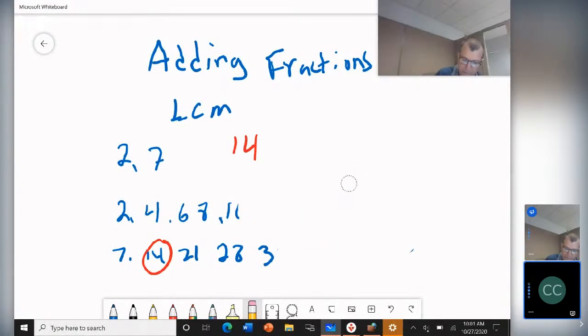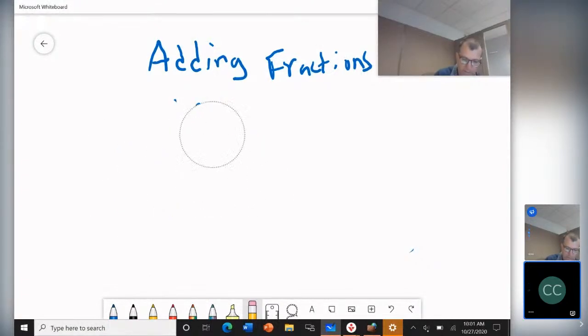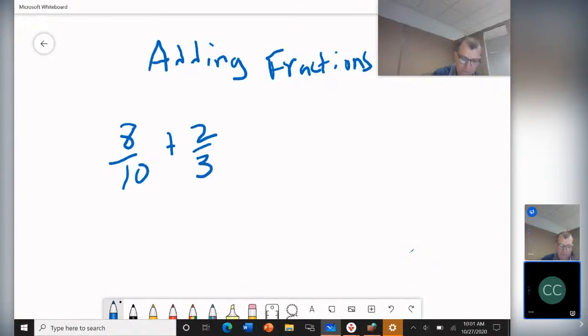So we're going to apply that today to adding fractions. The first one, we'll do 8/10 plus 2/3. We see the denominators are different, so we've got to find a common denominator, a number that both 10 and 3 go into.